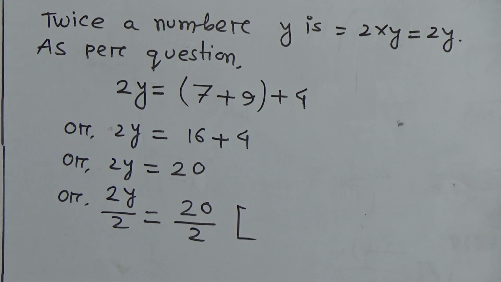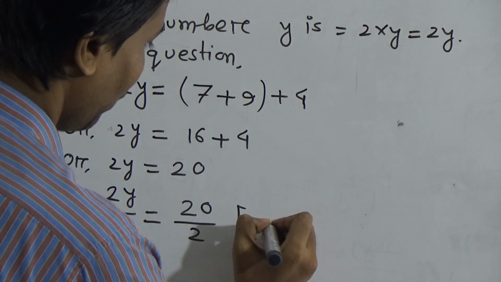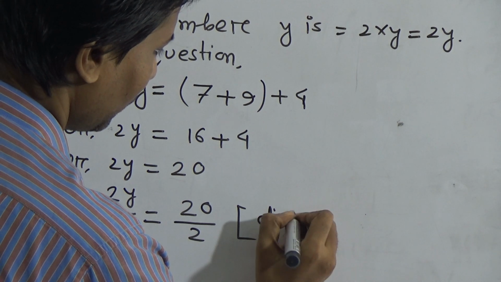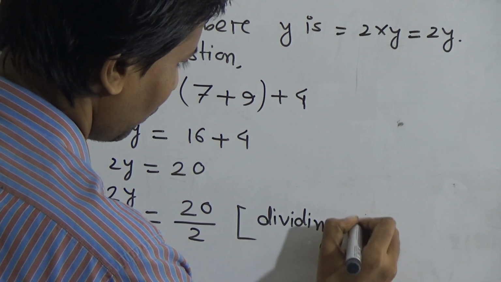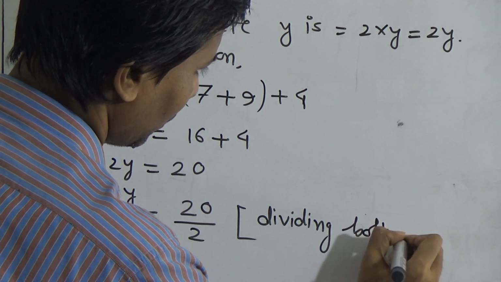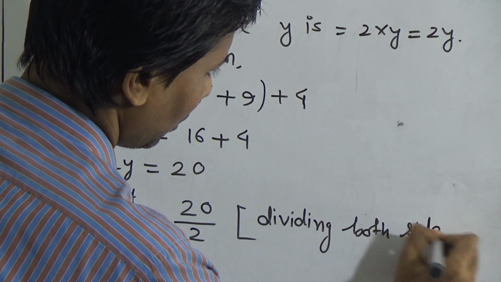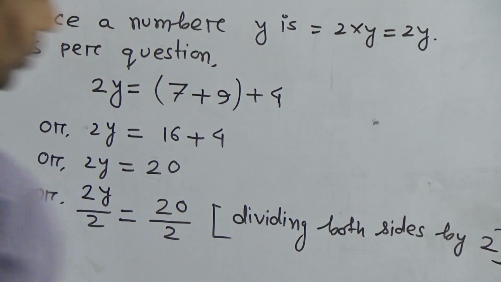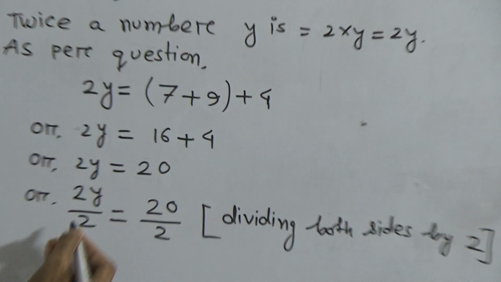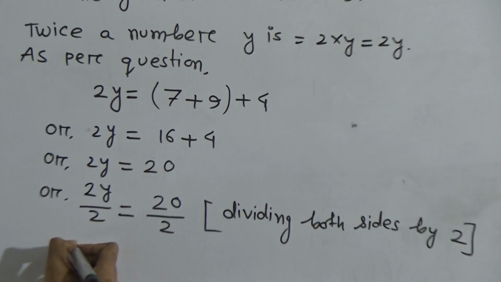Okay, now right here, dividing both sides by 2. Okay, 2 and 2 vanish.